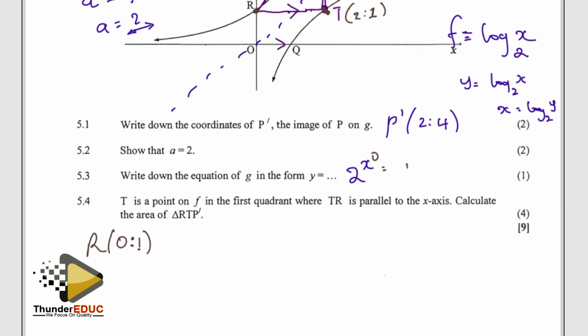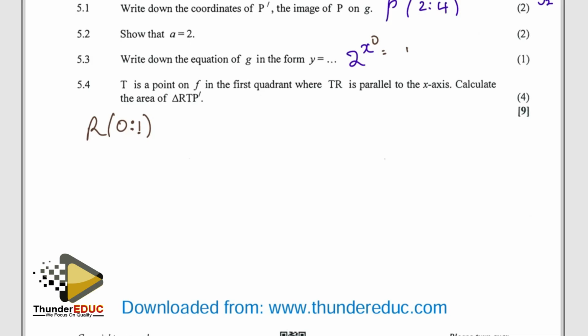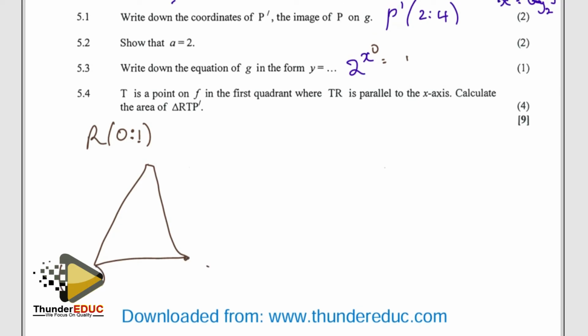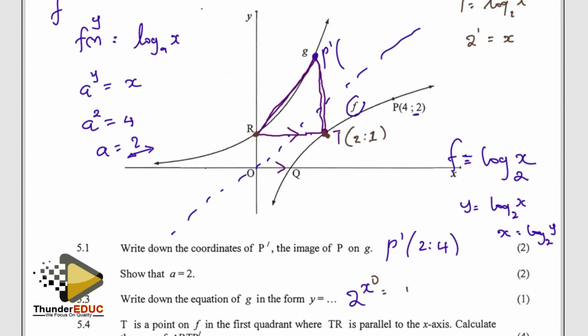Okay, so let me just redraw that triangle here, where I have 0 and 1, and now I'm ending up with 2 and 1. But then we said P was 2 and 4, or 4 and 2? It was 2 and 4.